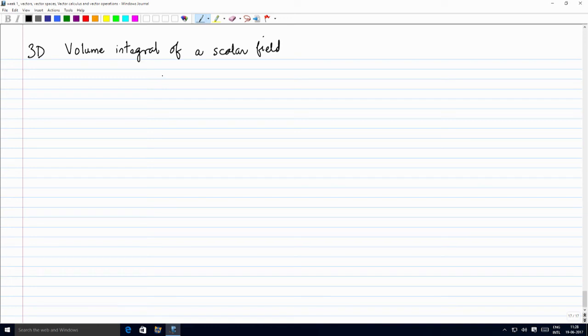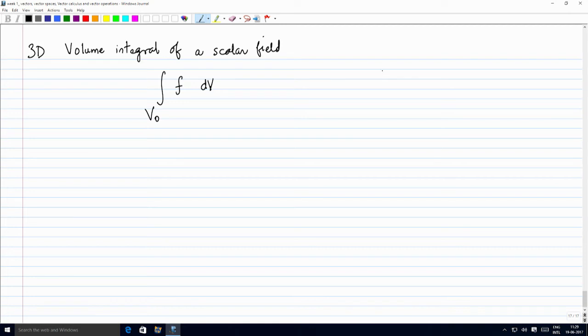You take a scalar field f, multiply it by a differential volume element dV, and integrate over some region, which I will call V0.